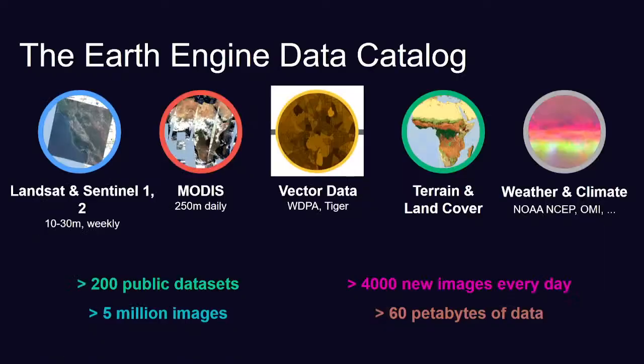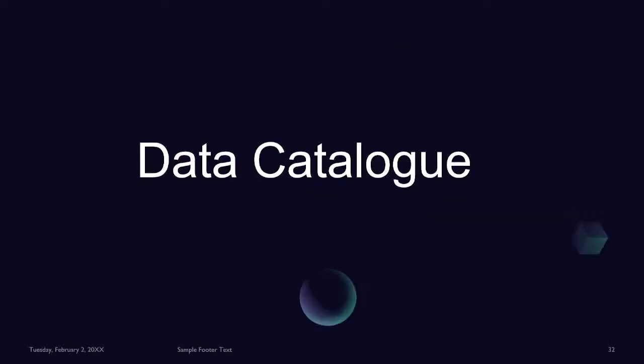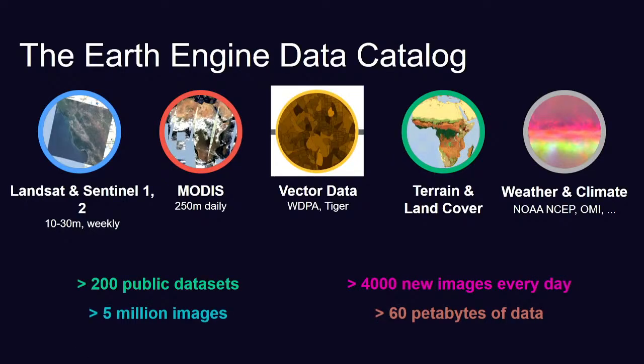Then if you talk about the Earth Engine data catalog, Earth Engine has a very huge data catalog available. It has more than 200 public data sets available. Approximately more than 5 million satellite images are available at Google Earth Engine, and you can analyze those images with just a few clicks.